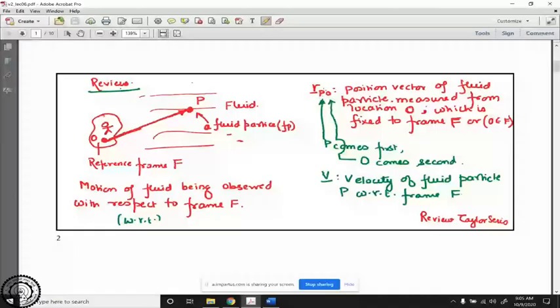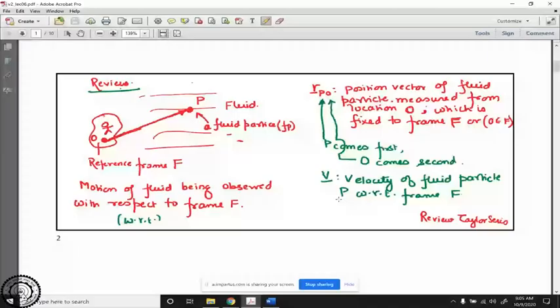This is the notation you must have referred to in APL 100. So now onwards, whenever I say velocity of a fluid particle or acceleration of a fluid particle, I may not specifically say that that is with respect to frame F, but that is implicit now. Whenever I talk about velocity and acceleration, there is a frame in the background, and motion is being observed in contrast to that. All right.